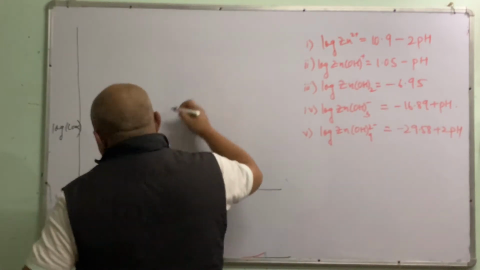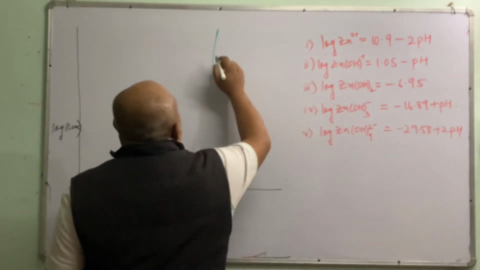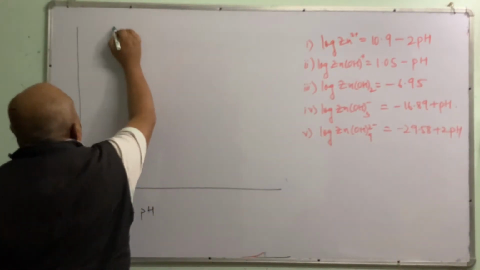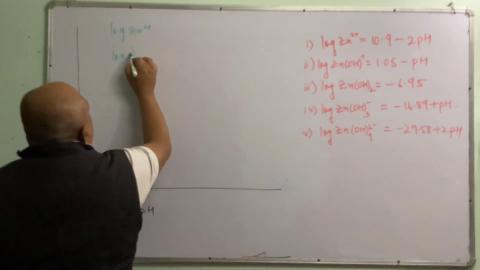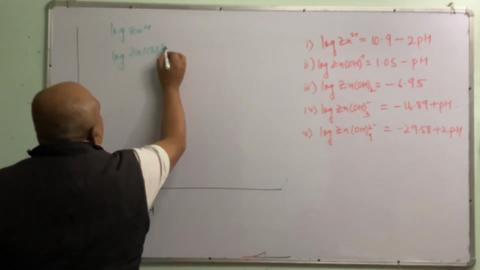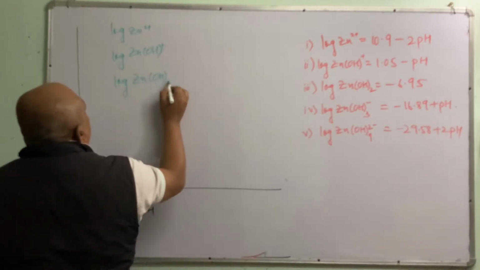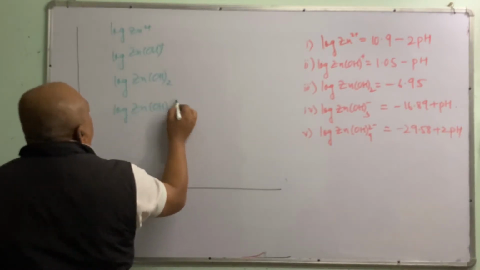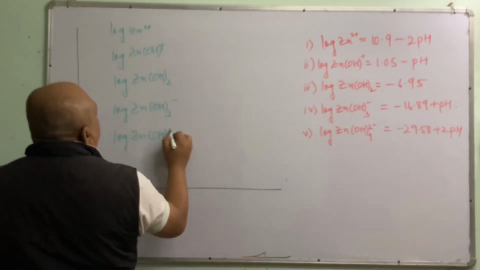So let me just give you a rough idea so that I can make a shortcut. What you can do is, over here: log of Zn2+, log of ZnOH+, log of Zn(OH)2, log of Zn(OH)3-, log of Zn(OH)4 2-.